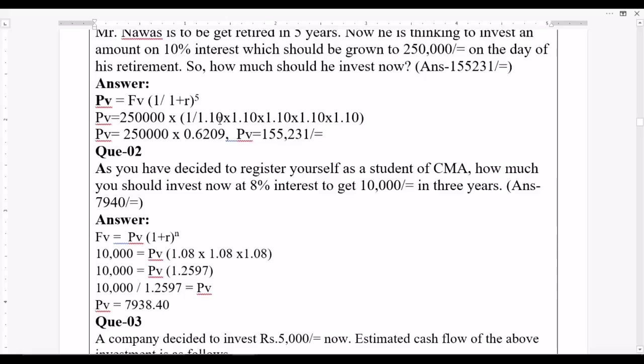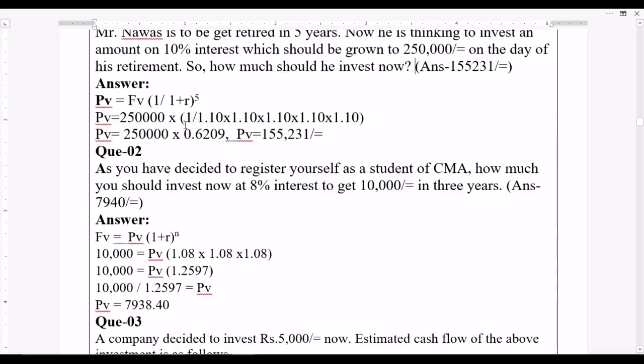That means 1 is 1, and r, 10%, is the interest rate. 10% means 10 divided by 100, which is 0.10.